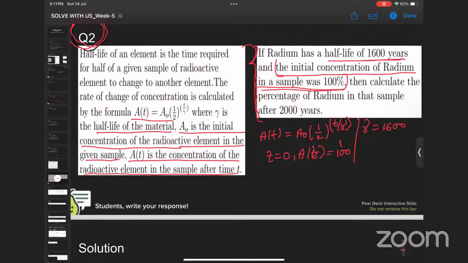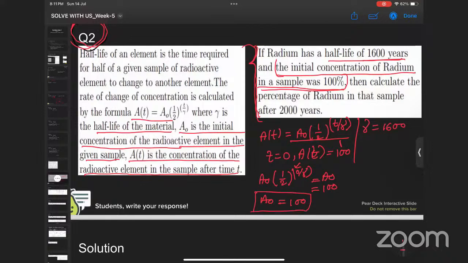Okay. So you can put the value here in this equation. So it is actually A naught into half power 0 by gamma. That is equal to A naught. That is equal to 100. So we get the value of A naught, right? So A naught equals 100.